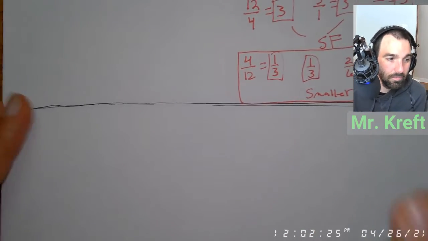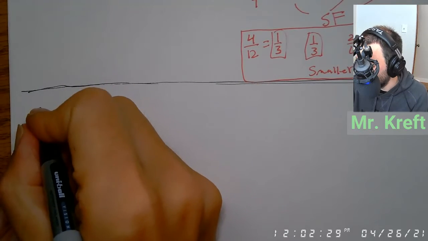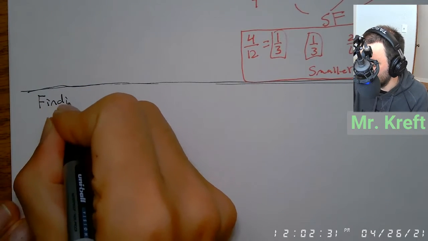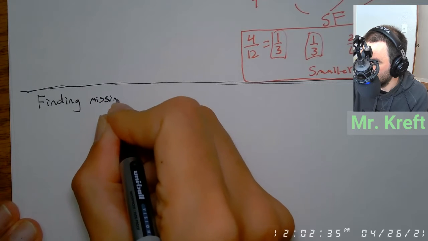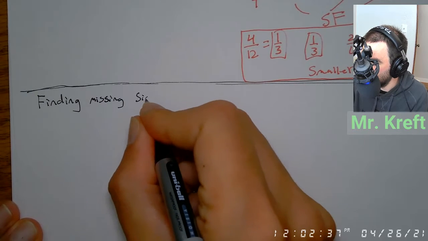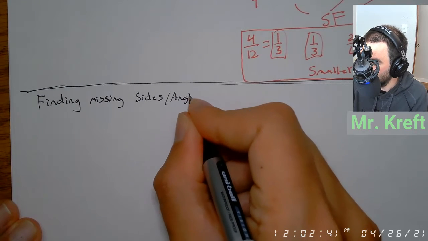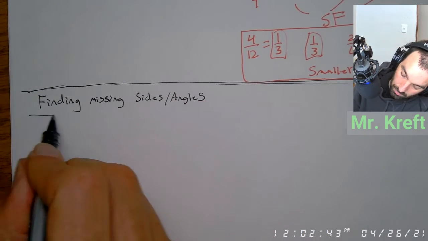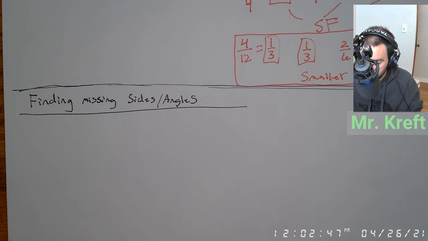All right, so finding scale factor, that was one of them. And then finding missing pieces, finding missing sides or angles. Let's take a look at that.